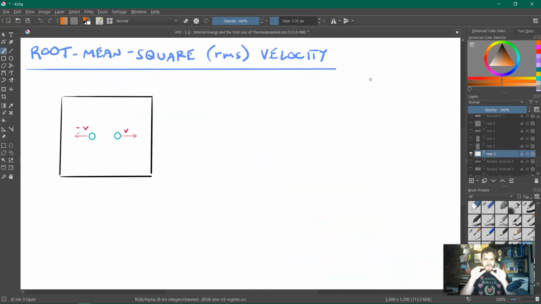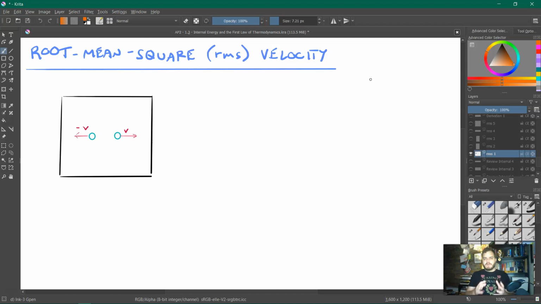So let's take a real brief second and talk about what exactly we mean by the RMS, or the root mean square velocity. Root mean square is really just a statistical technique for taking an average in a slightly different way. So let's think back to our box for a second.